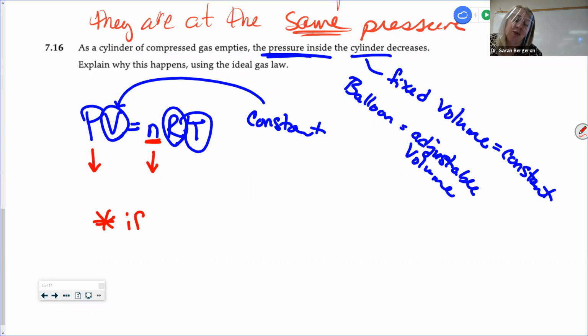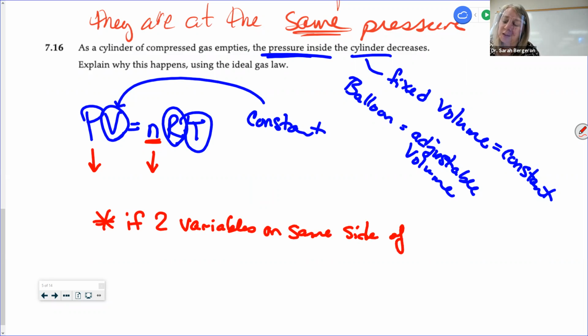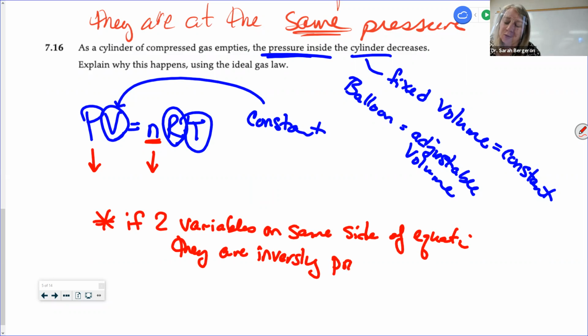So if you have two variables on the same side of the equation, they are inversely proportional.